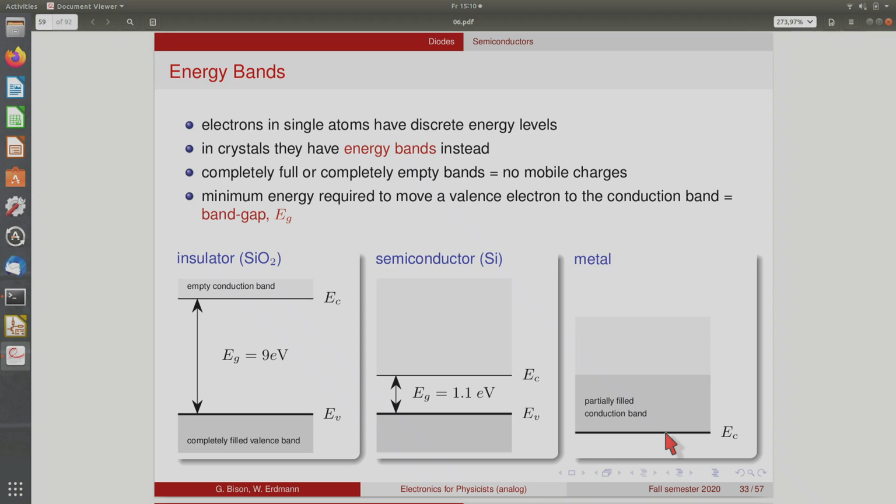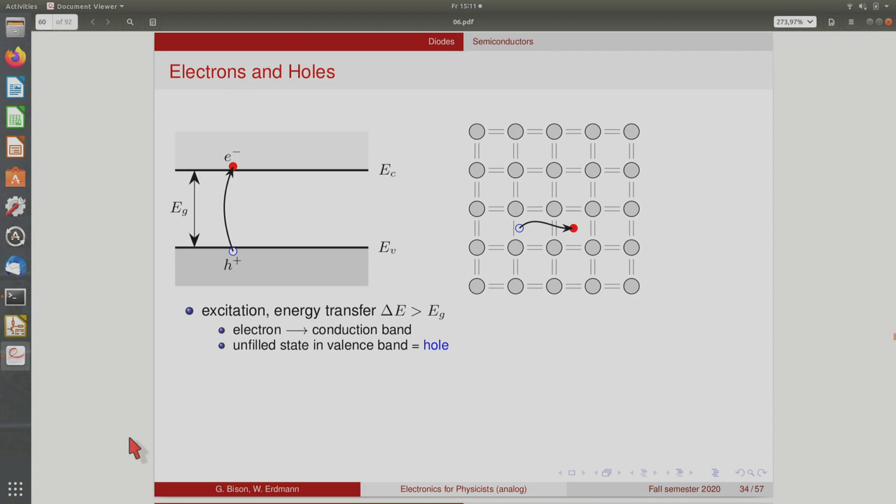That's why metals conduct very nicely. Semiconductors are somewhere in between. So the gap is relatively small. In case of silicon, it's 1.1 electron volt, and the conductivity is somewhere between the insulator and the metal. That's why they're called semiconductor.